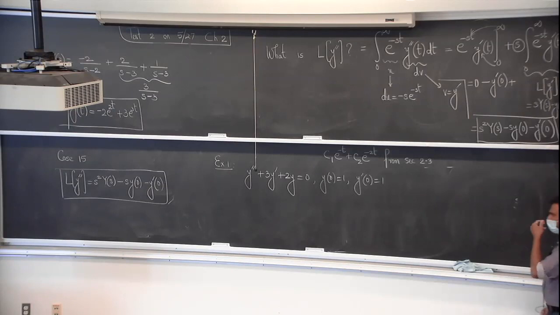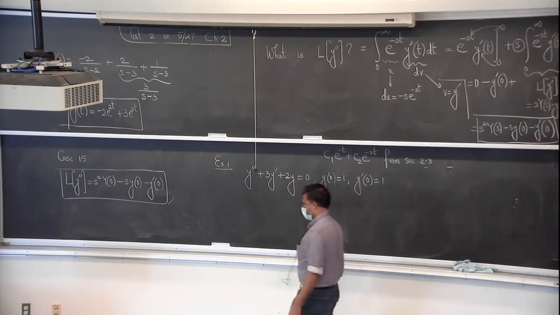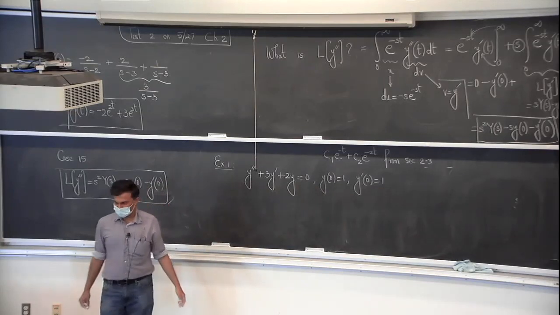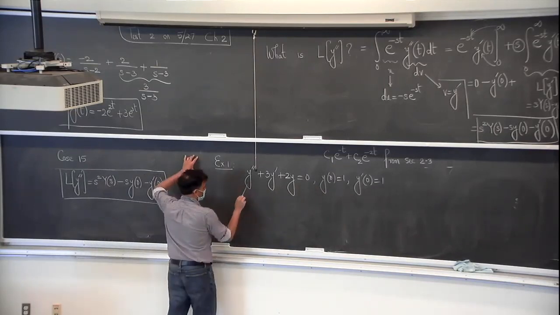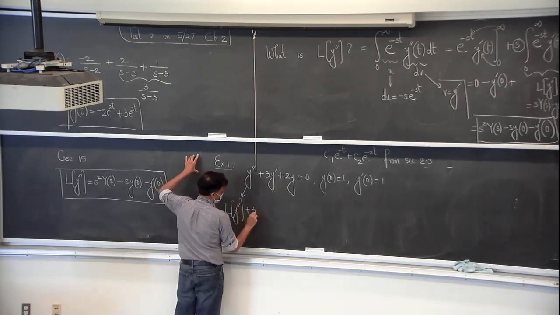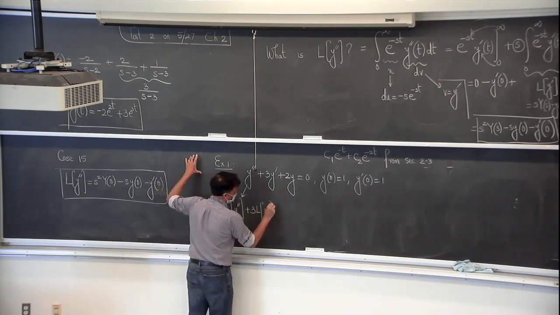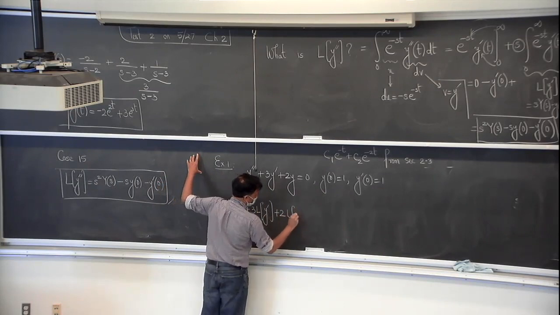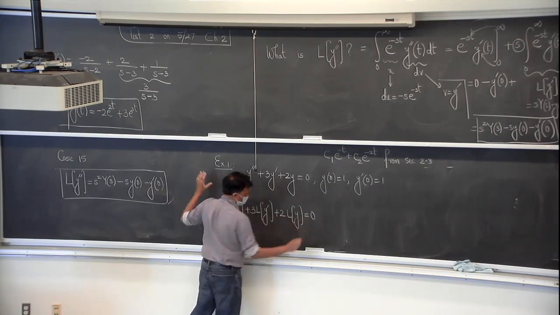But let's forget about that and let's focus on Mr. Laplace. So this is going to be L of y double prime plus 3 L of y prime plus 2 L of y. Laplace of 0 is 0.